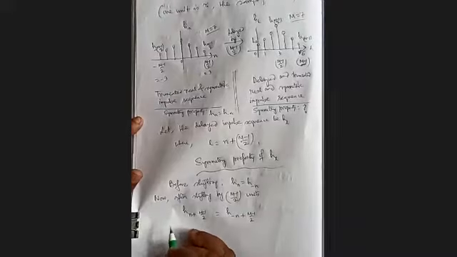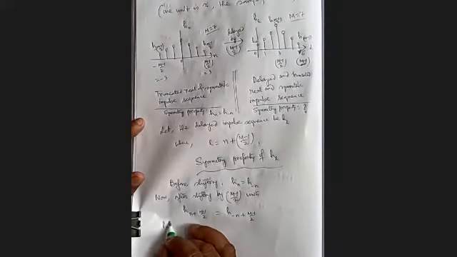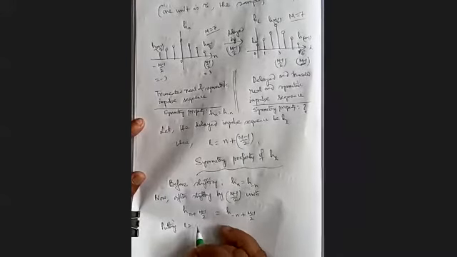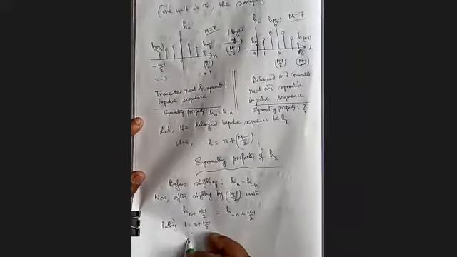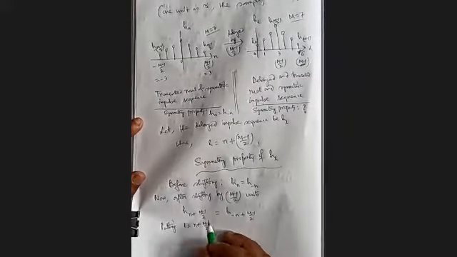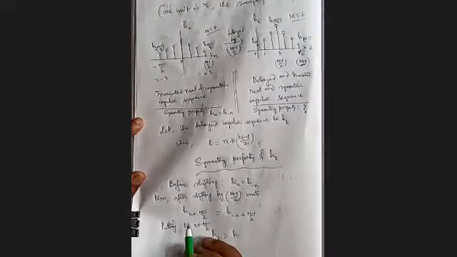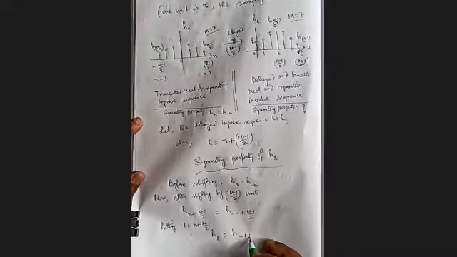Now we just put L equal to n plus (m minus 1) by 2. Then what will be on the left hand side? It will be h(L). On that side, it will be h of... now minus n means minus L plus (m minus 1) by 2.